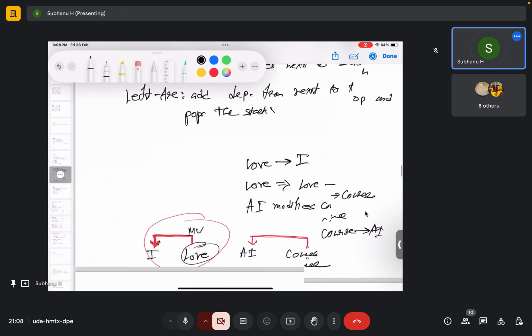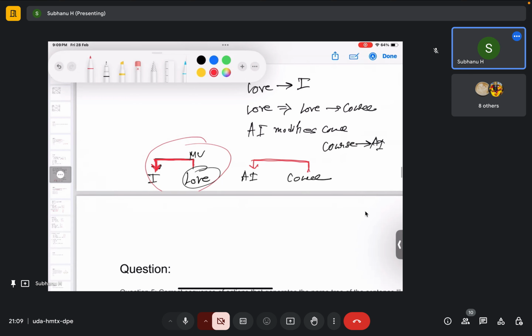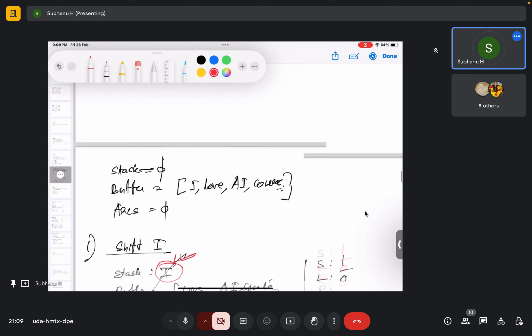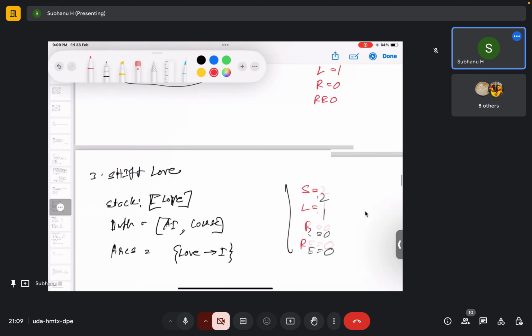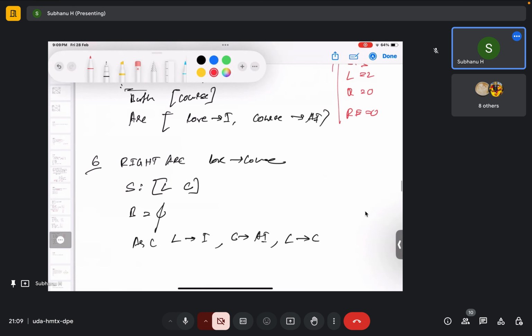That means I have to add that here: love to course. Got it? That means shift 3, left arc 2, right arc 1, reduce 0.